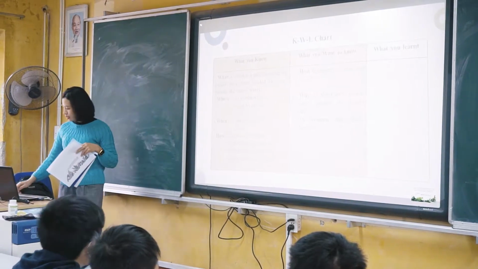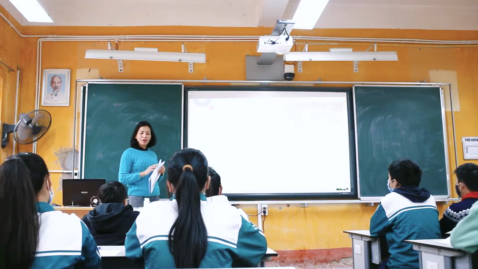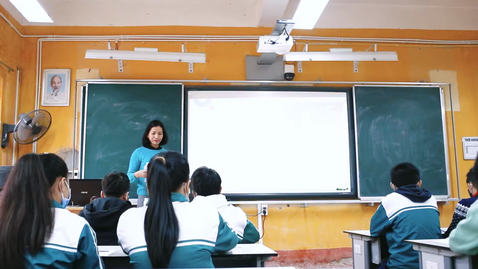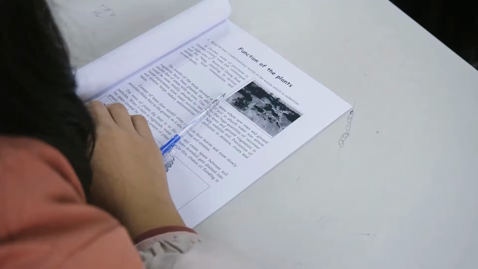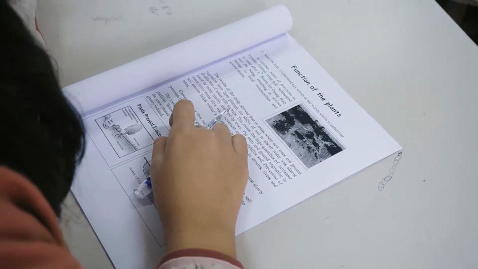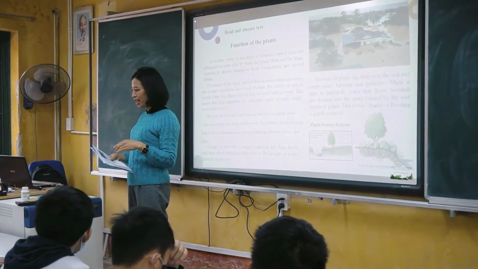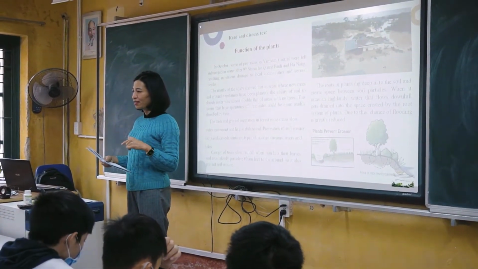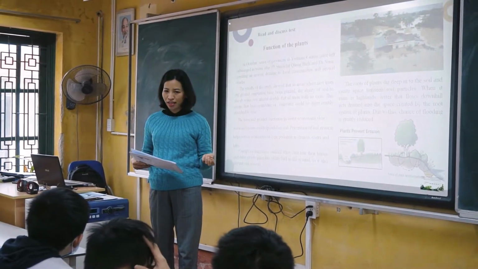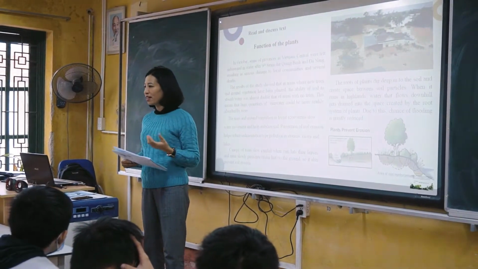Let's move on to the text. Open your book, please. The text is about the function of the plant, and now you read the text carefully and underline the key words which you want to know the meaning of, or the words which are unfamiliar.